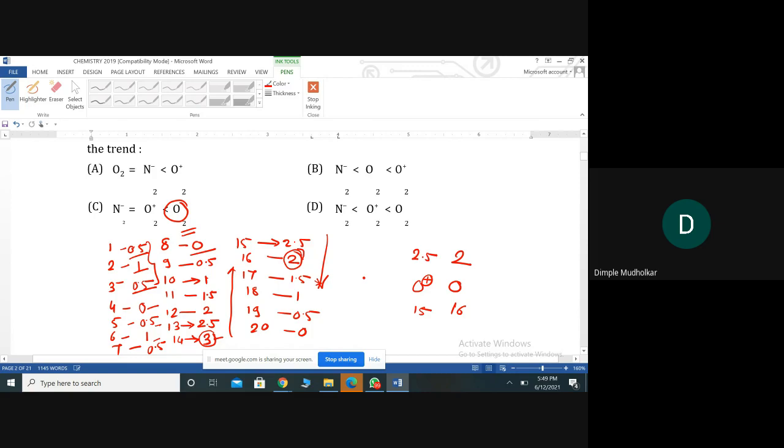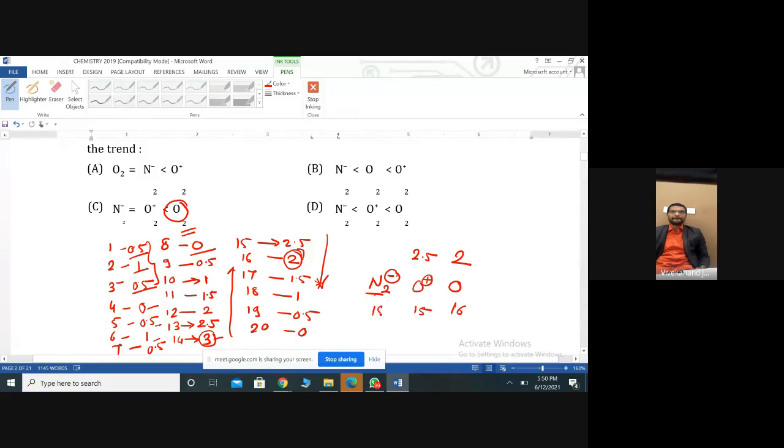2.5. For nitrogen, N2 minus, how many electrons are present? 15. For nitrogen it will be 14, and for this one, minus 1 charge, total 15 electrons. So it will become 2.5.